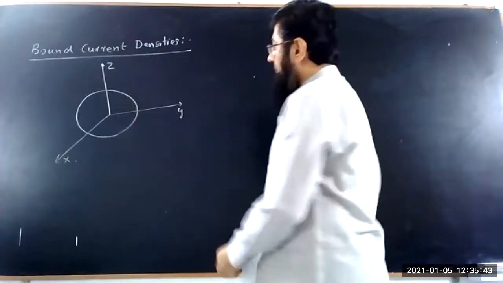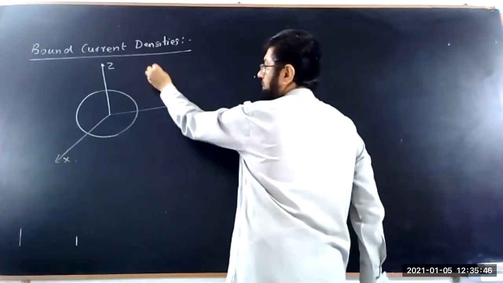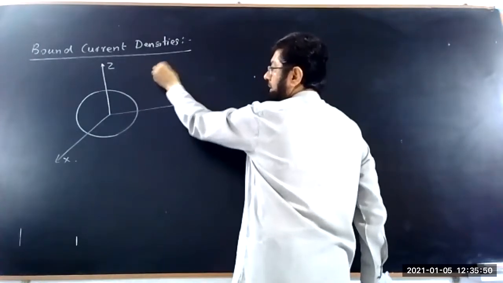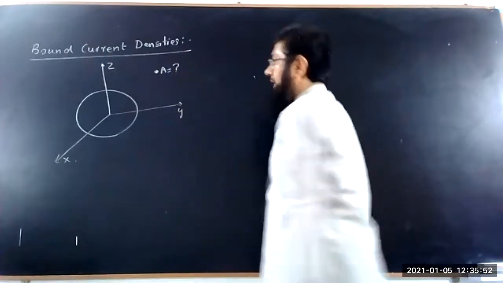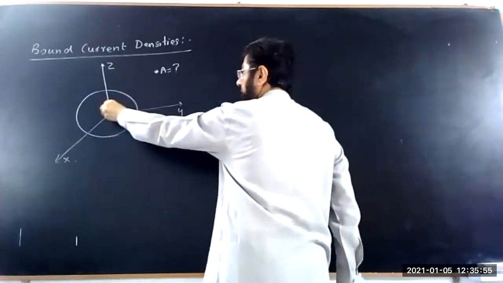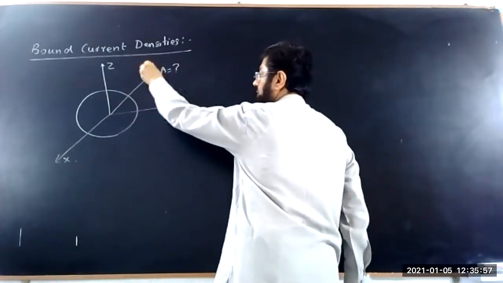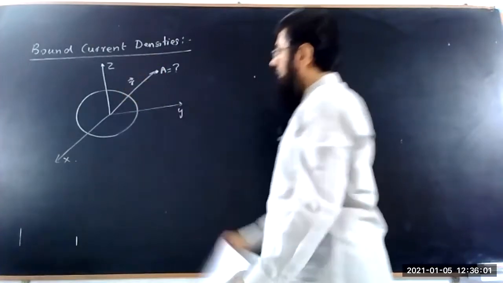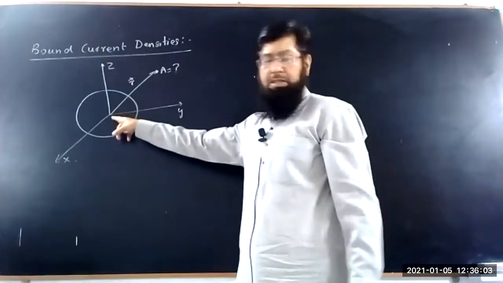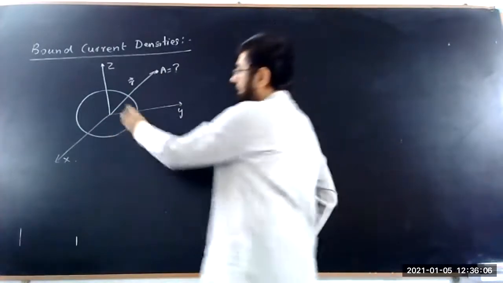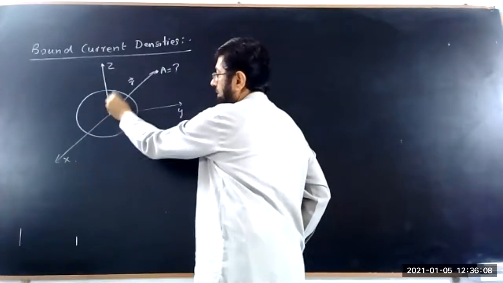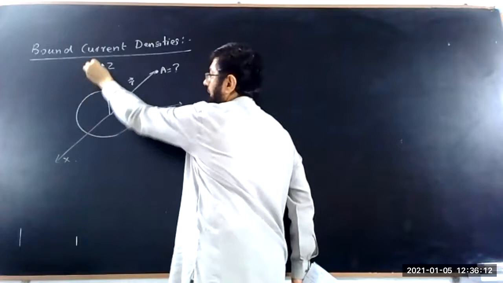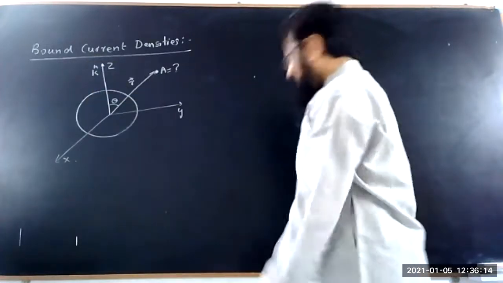We know that if we calculate the vector potential at a point due to this magnetized sphere, this is the point where we want to calculate the vector potential. This point is located at a distance r from the center, at an angle theta from the reference axis, which we call the k-axis.